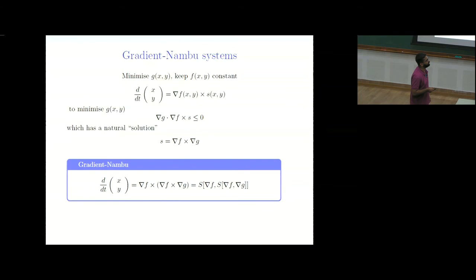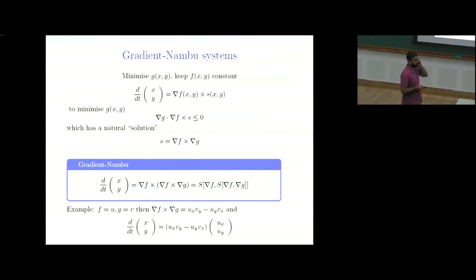So it's the tensor with this element that I want to keep constant, with the vector field that I would have got if I kept both f and g constant. So it gives this extra twist that minimizes g and keeps f constant. Double bracket problem. You basically get a double bracket problem. That's right.